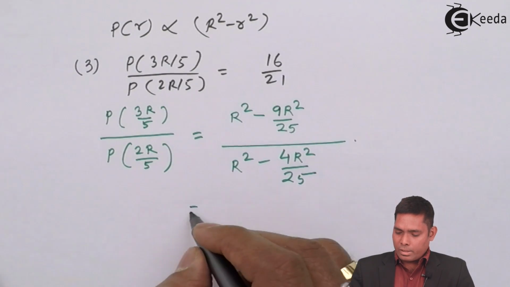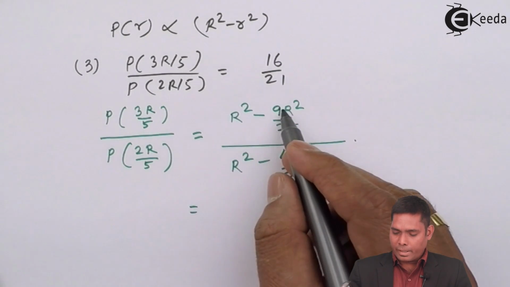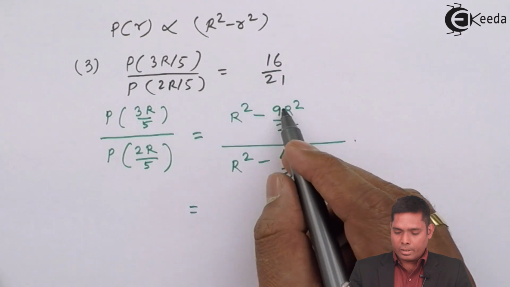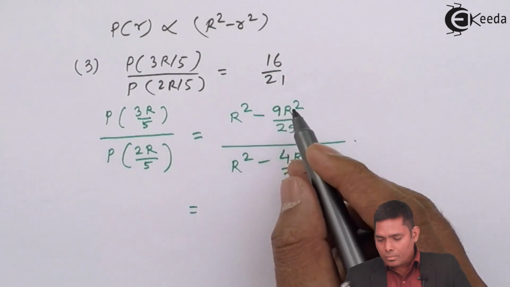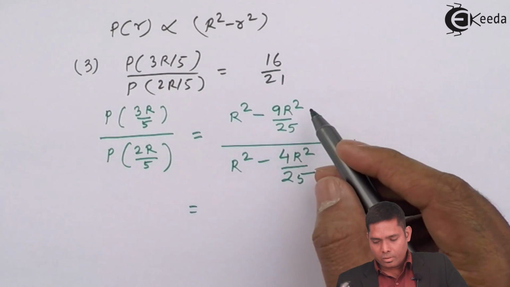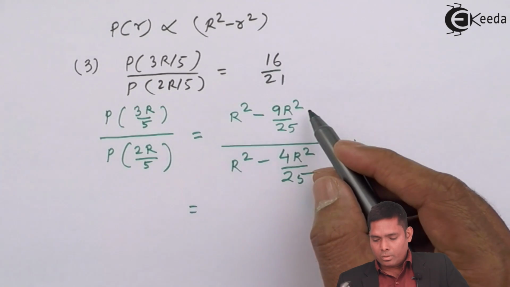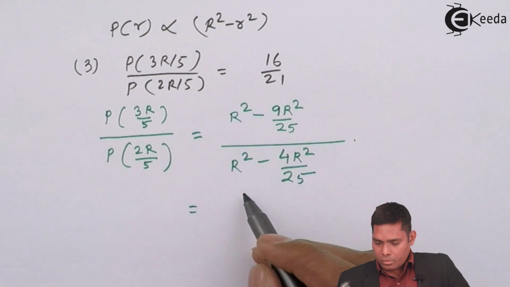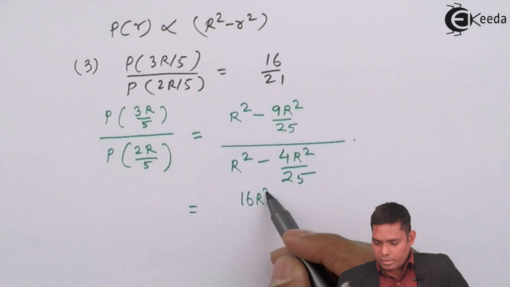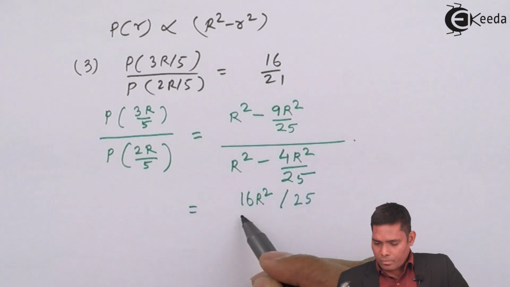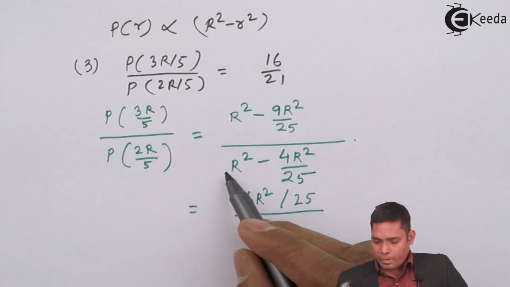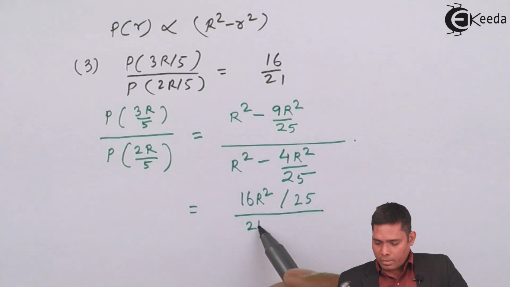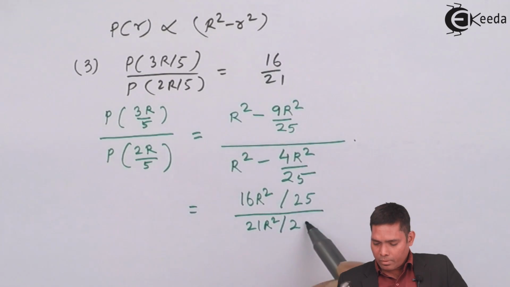If I solve this, this is 25 minus 9, it is 16R square. So it will be 16R square divided by 25, and here it is 25 minus 4, that is 21R square divided by 25.